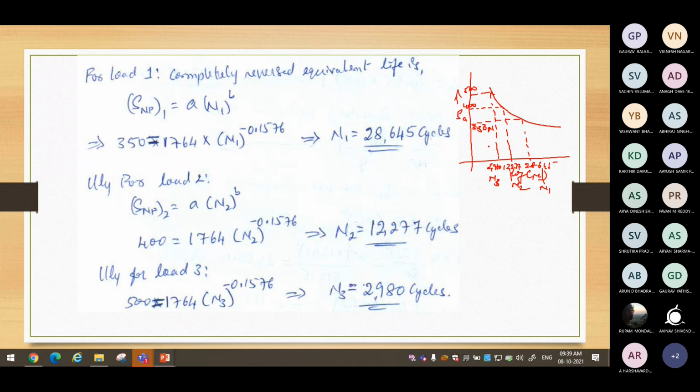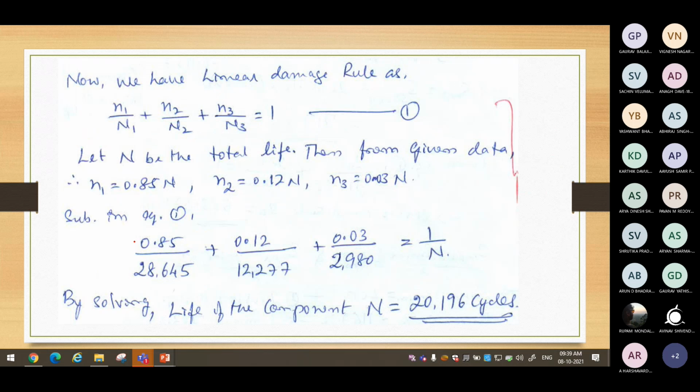Remember, it is not 85% of NF1. 85% of the total life. Therefore, it is 0.85 times N, 0.12 times N and 0.03 times N.